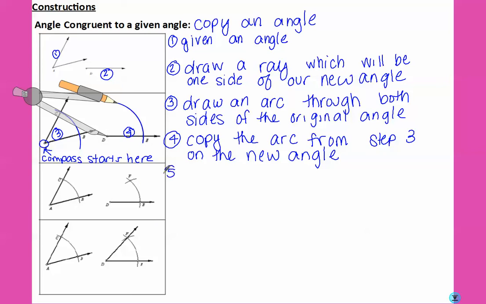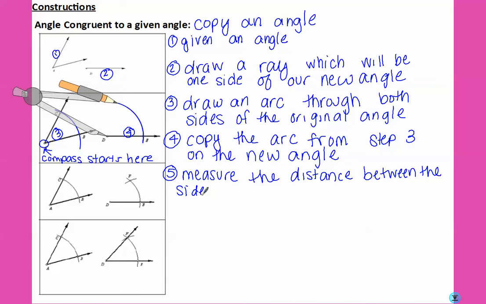Next, I'm going to measure the distance between the sides on the original angle.